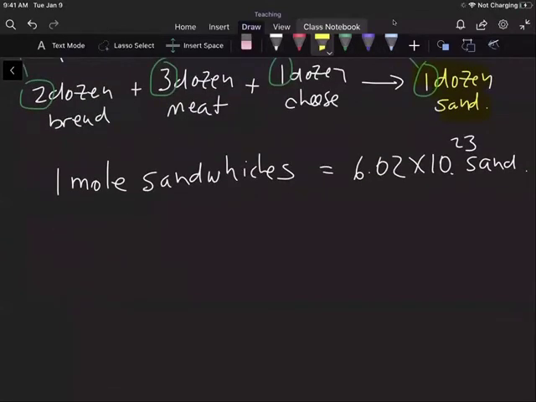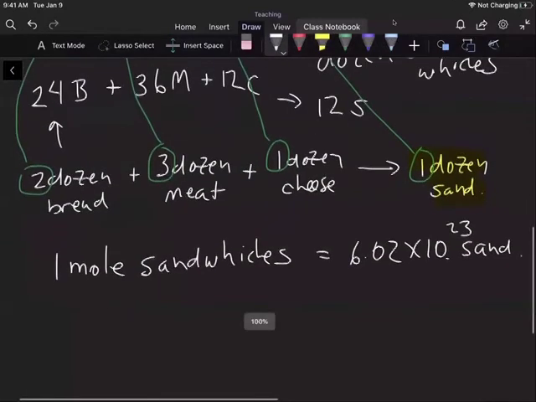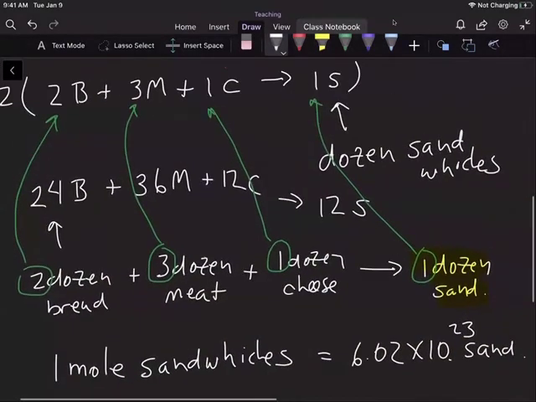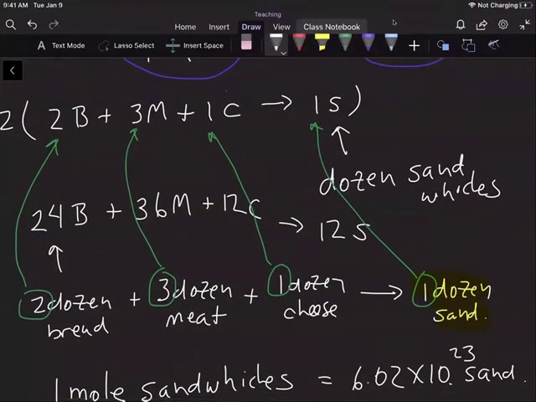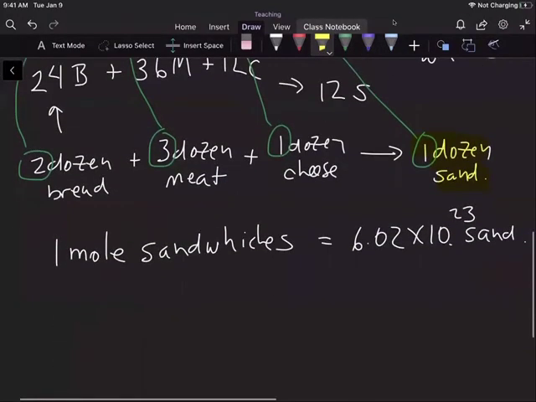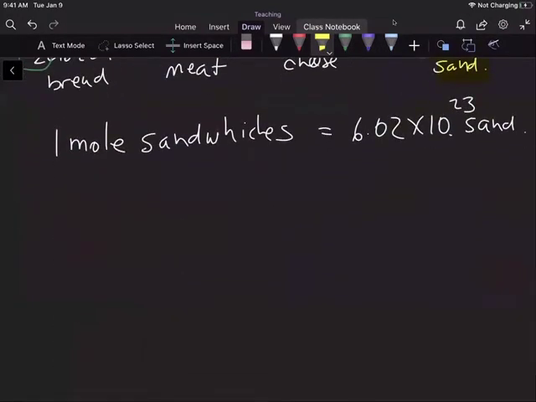Okay, well, one way we can look at it is we can say, well, let's look at our equation that we've got, which is up here, and it stays the same. So for every 2 bread, I need 3 meat and 1 cheese, and that makes 1 sandwich. Right? So if I had 2 dozen bread, I'm going to need 3 dozen meat, 1 dozen cheese, to make 1 dozen sandwiches. So the ratio is going to stay the same. And now I'm making 1 mole of sandwiches.